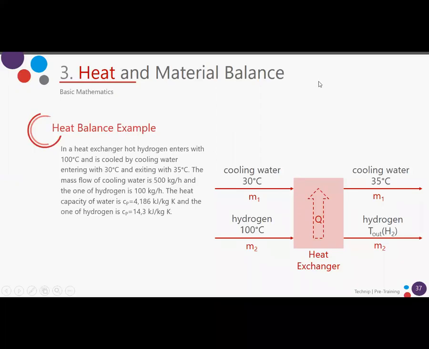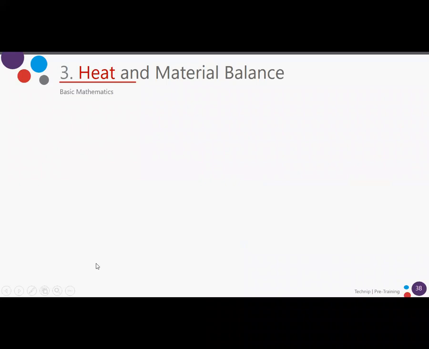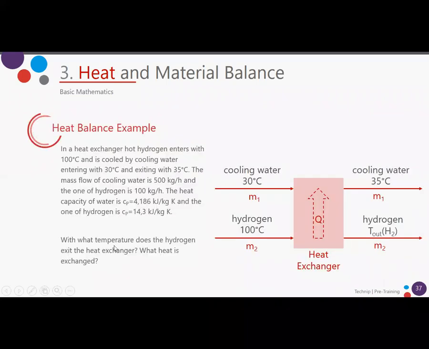Okay, so then we draw our scheme, and what we see is that we have one unknown, which of course is what we want to know, the outlet temperature of hydrogen. So with what temperature does the hydrogen exit the heat exchanger?